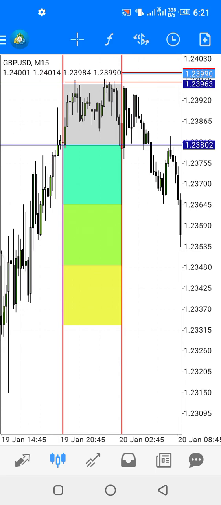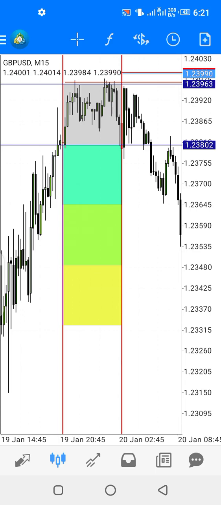So determining the low of the day or the high of the day means that you want to anticipate where the Judas swing will fall, because there will always be a Judas swing, except on days like Wednesday, the market maker weekly manipulation model, where Tuesday already makes the high or the low of the week, then Wednesday just opens and continues.